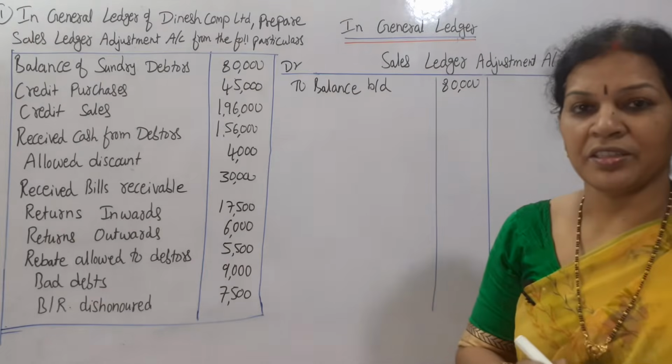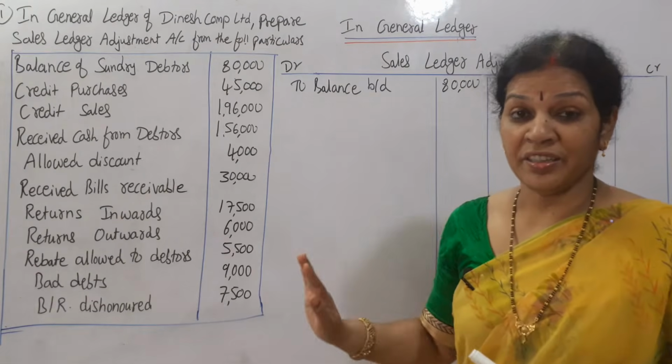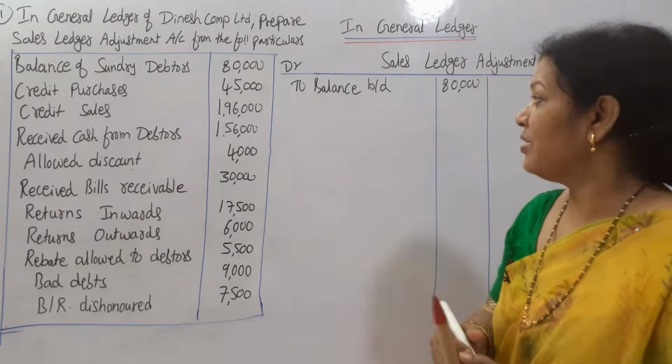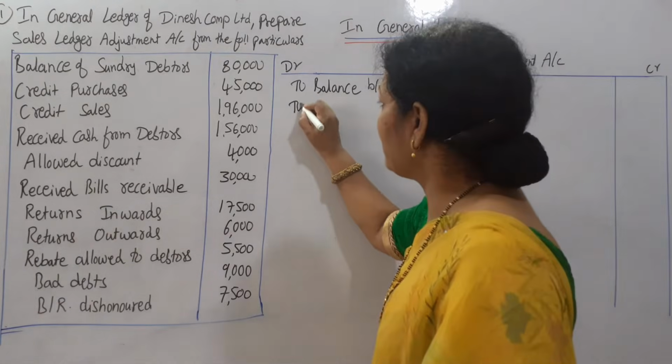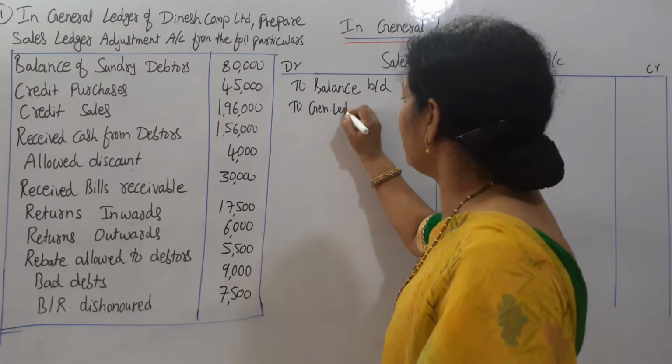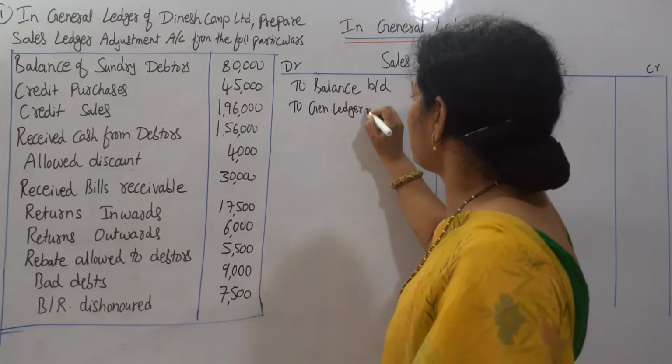After this I will keep a side heading, general ledger adjustment account, okay. Why am I keeping this heading? General ledger adjustment account.